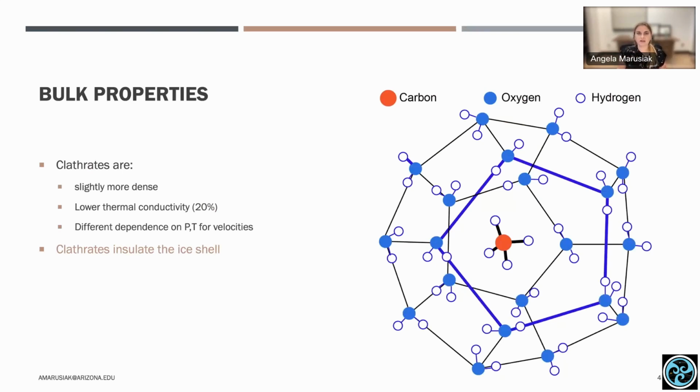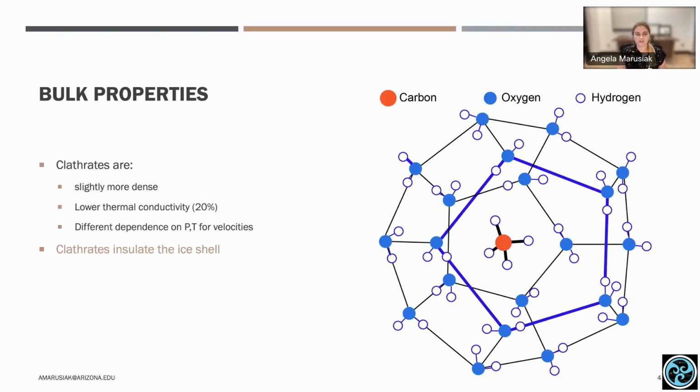And this will end up affecting how they insulate the ice shell and how they affect the thermal properties of Titan's ice shell. In terms of seismics, there are different dependencies on pressure and temperature for clathrates and for pure water ice. So one of the things I'm working on is how we can exploit that, looking at the seismic waveforms that Dragonfly might be able to record, to see if we can use those to hunt for clathrates in the ice shell.